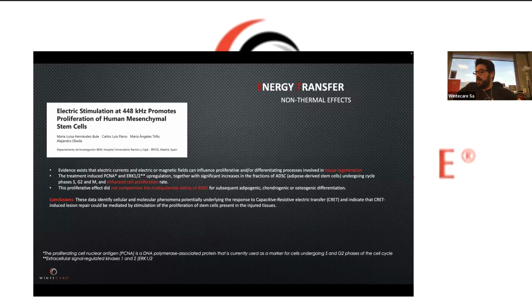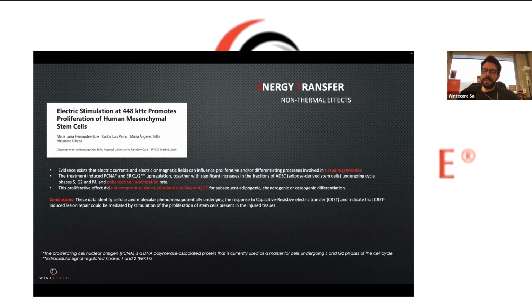Then we talked about the possibility to support tissue regeneration. Here is a study published in 2016 showing that 0.448 megahertz, or 448 kilohertz, promotes proliferation of human mesenchymal stem cells.